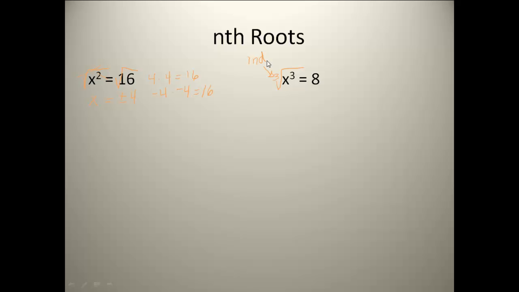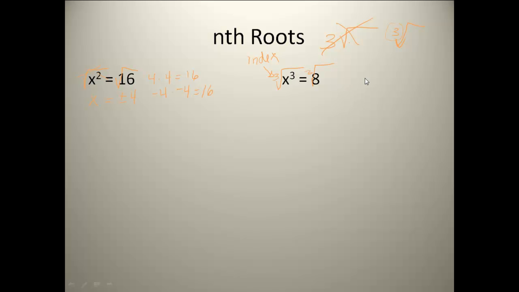That's called the index. Now it's not a regular size 3. It's not being multiplied by 3, so it does not look like this. That's 3 times the square root. Cubed root is a little 3 right up there on your radical sign. So to get rid of a cubed, I have to cube root both sides.